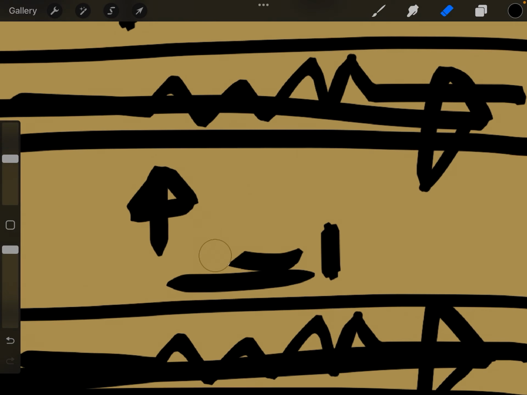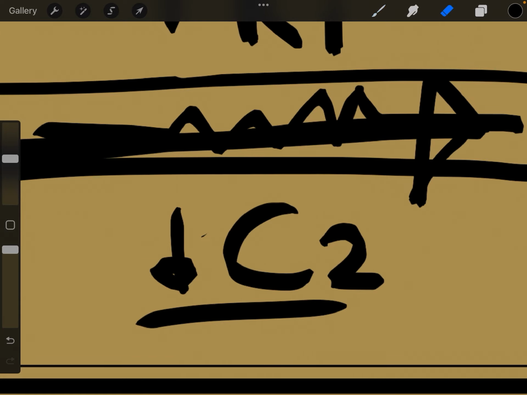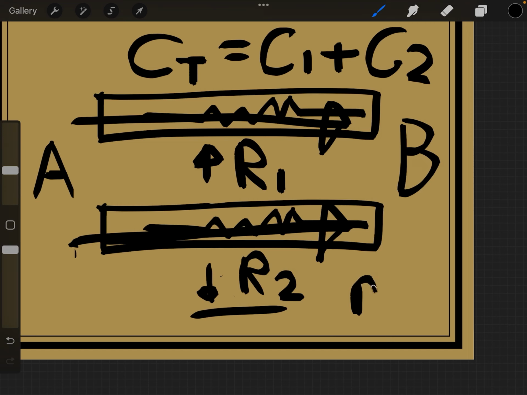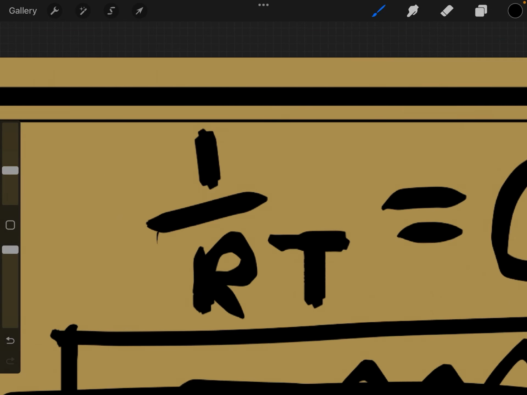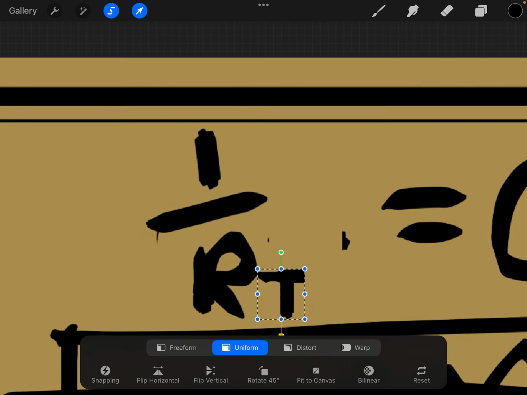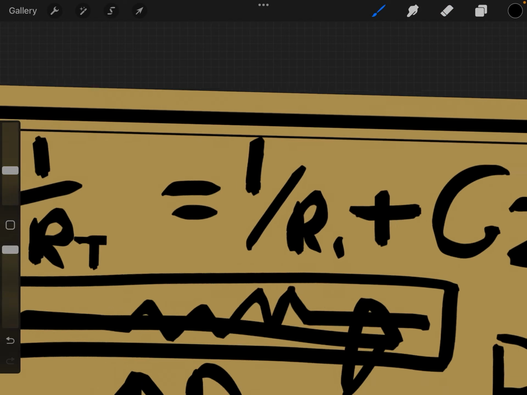But let's replace this conductance with resistance, which is more helpful for us in circuits. So we have an R1 and an R2. Now remember, resistance is just the inverse of conductance. It's the opposite. Something highly conductive is not very resistant. 1 over RT, or 1 over the total resistance, is going to equal 1 over R1.